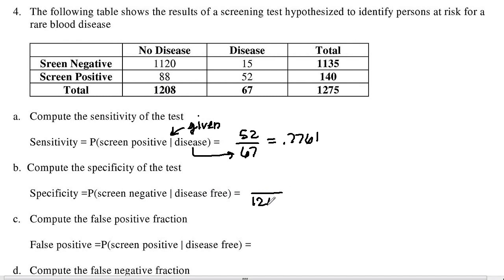Again, this is our given condition. Now, out of those 1,208, how many had a negative screen? And that was 1,120. So 1,120 out of 1,208. And if you divide that, get the decimal for that, it's 0.9272. So there is our specificity.